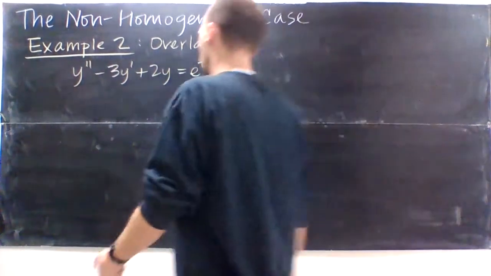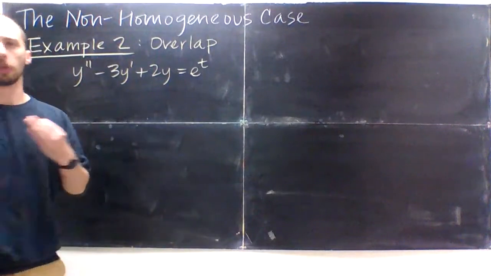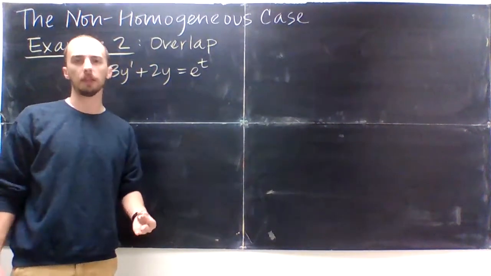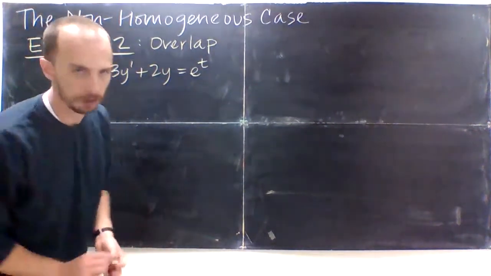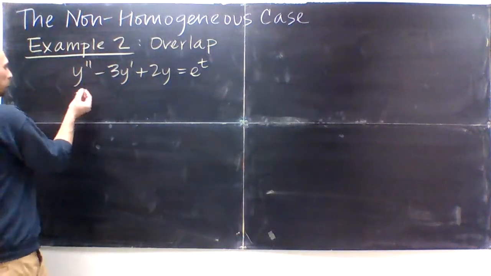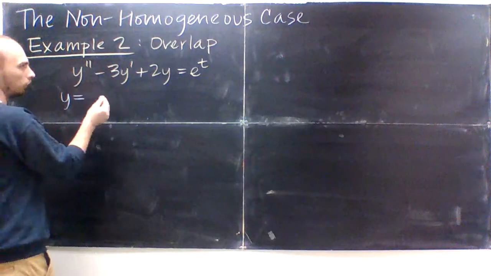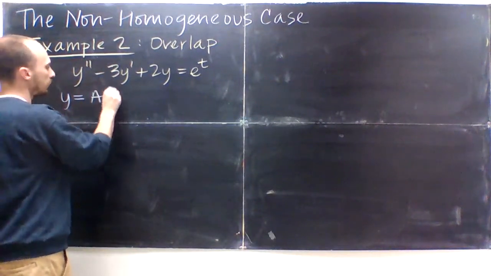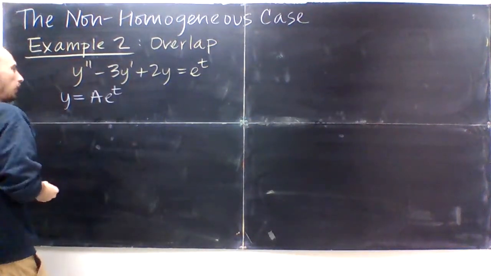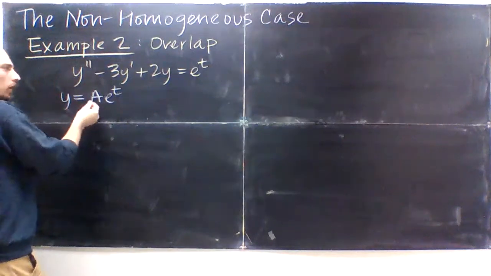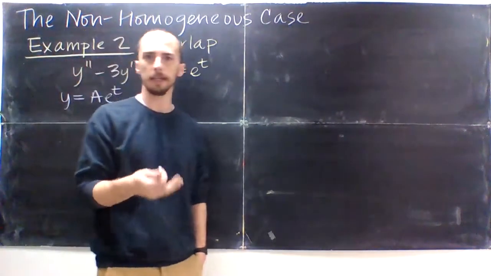Okay? And so, if I'd gone through the same technique and said, okay, I'm going to use undetermined coefficients, I'm going to guess y equals a e to the t. Then y prime and y double prime are also going to be a e to the t.